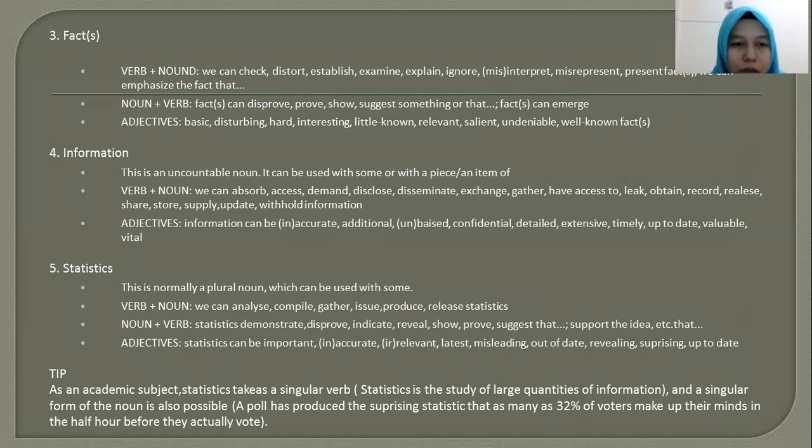Number 4, information. This is an uncountable noun. It can be used with some or with a piece or an item of. The pattern is verb plus noun. We can absorb, access, demand, disclose, disseminate, exchange, gather, have access to, leak, obtain, record, release, share, store, supply, update, withhold information.